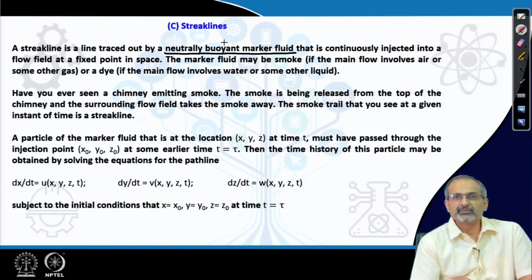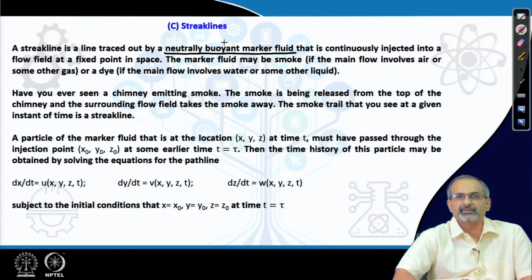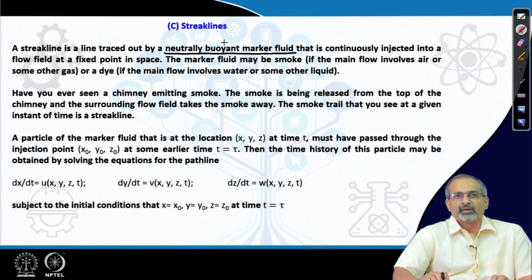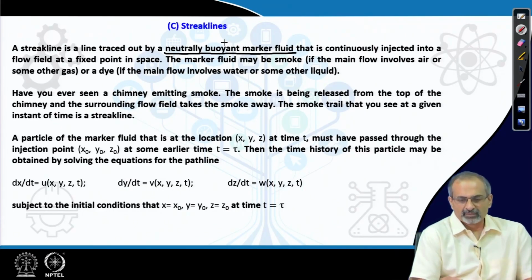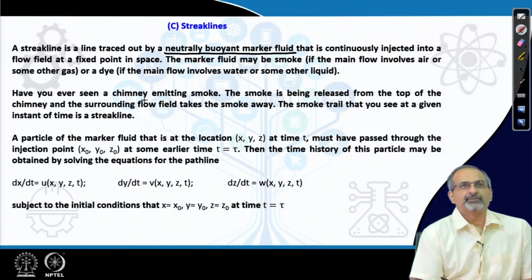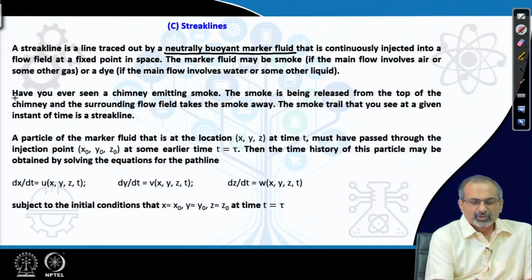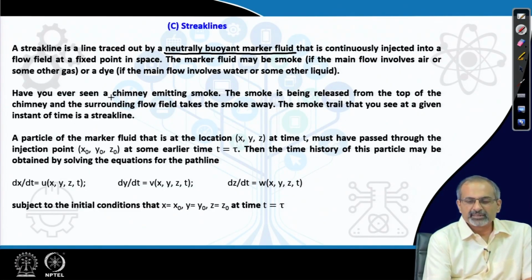You will see later that when we discuss experiments in fluids and talk about particle image velocimetry, we are going to put tracer particles into the flow field, and the density of those particles effectively has to match the mother flow. Now, taking this concept further, we have seen smoke getting emitted from the tops of chimneys.